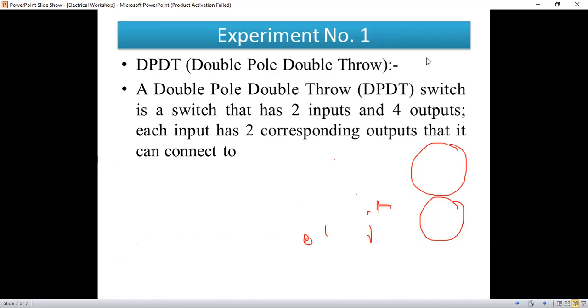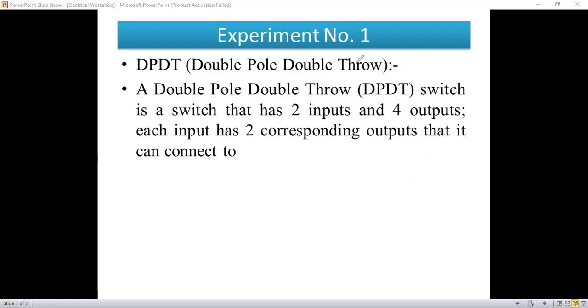So see here, this type of switch has 2 inputs, याला 2 input असतील, but output terminals are 4, and each input has 2 corresponding outputs. प्रत्येक input ला 2 corresponding output असतील. So it is nothing but DPDT, double pole double throw.